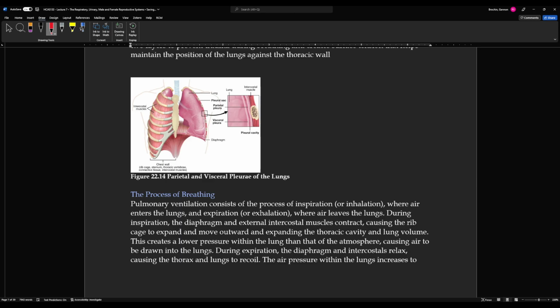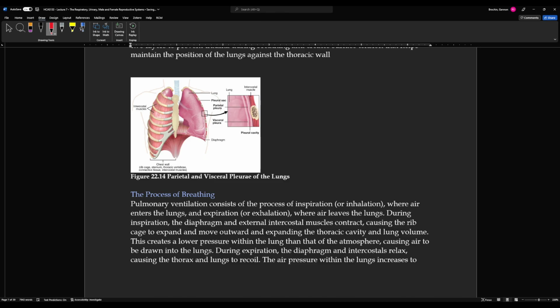This is actually very efficient, all things considered, because if we had the same pressure inside of the lung as we do in the atmosphere, we would actually need essentially more specialized musculature to cause the lung to expand. But because the lung is developed in such a way that it has a very minimal reduction in air pressure, the air will actually rush in from the external environment when it's given that space.